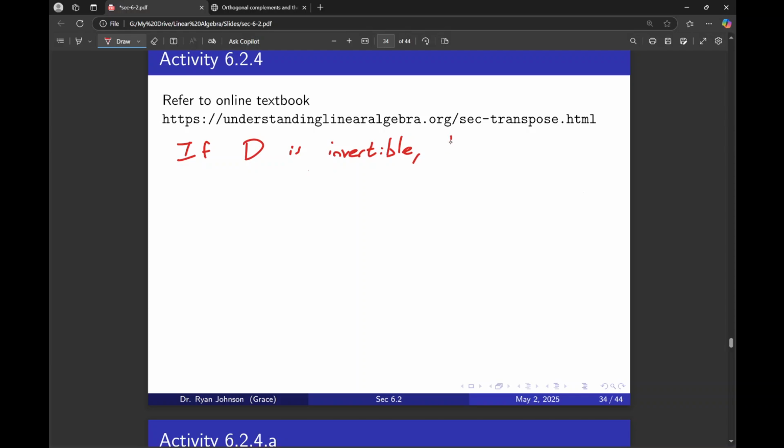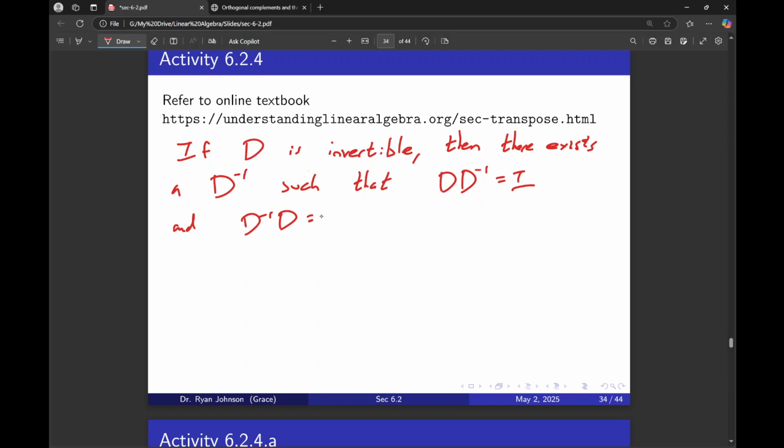So there exists a matrix D inverse such that D times D inverse equals the identity, and D inverse times D equals the identity. What if I take the transpose of both equations?